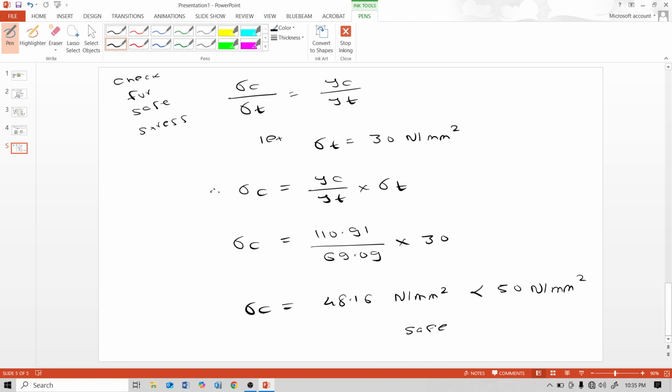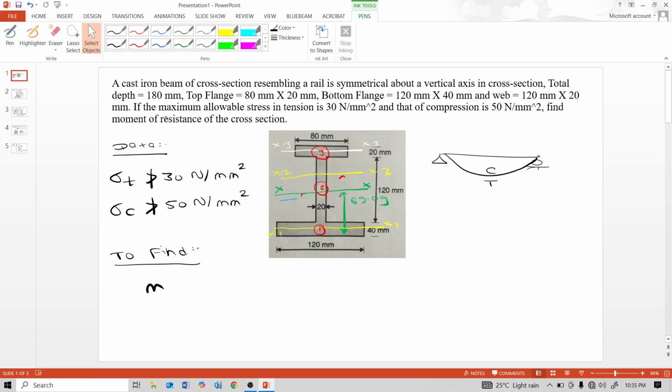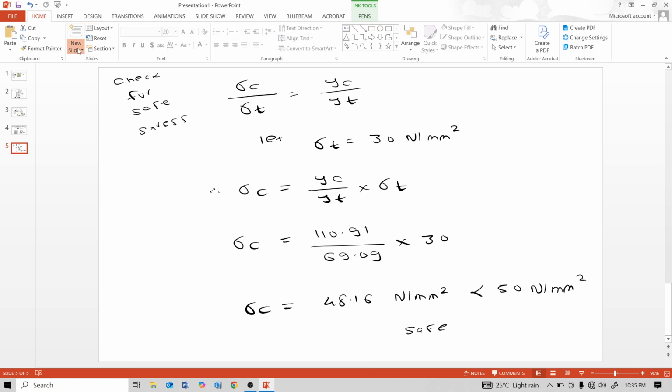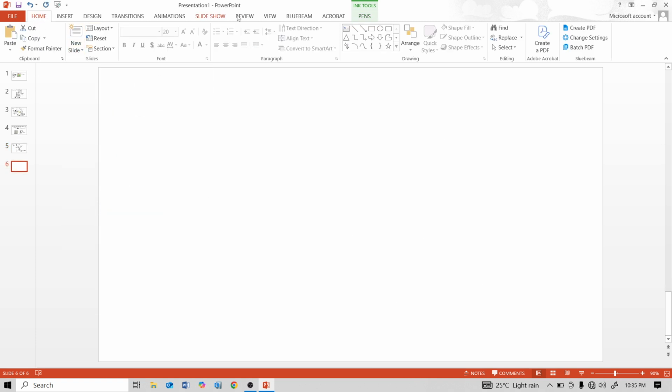So next, our main problem statement is to calculate the moment of resistance. Now, for the calculation of moment of resistance, use the flexure formula.